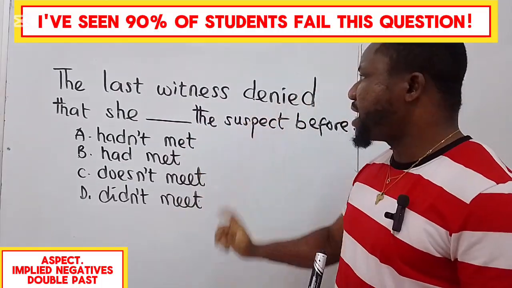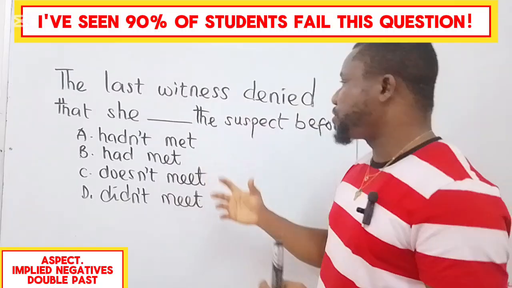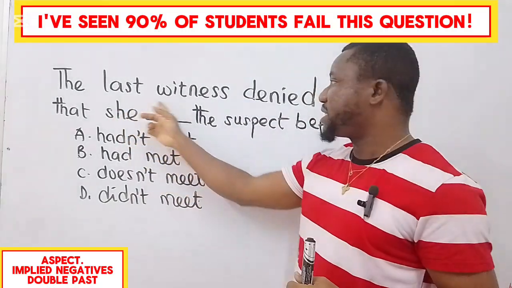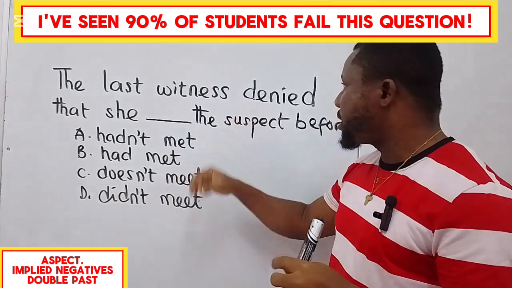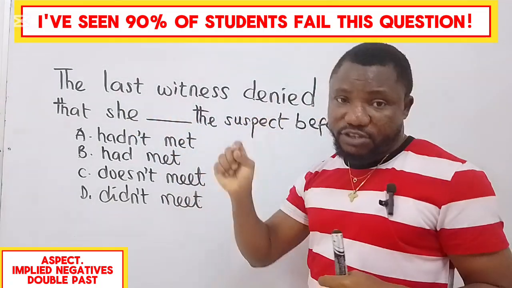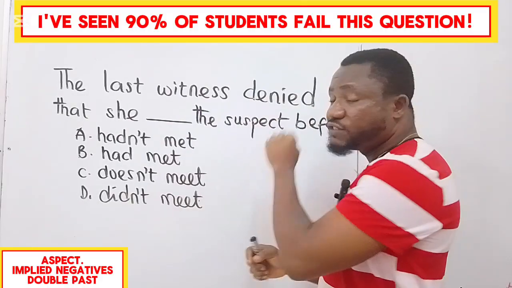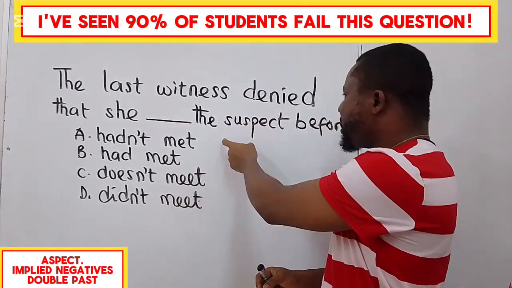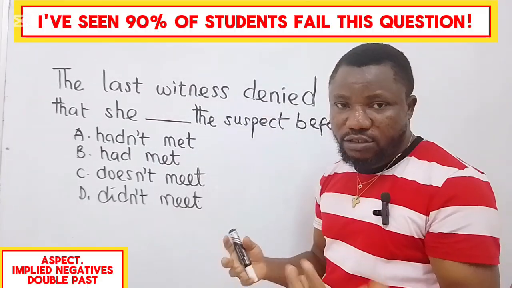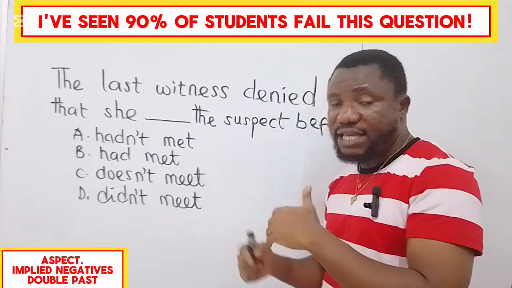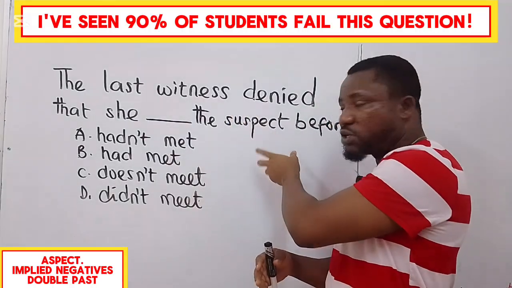There's a witness, a woman or a lady, denying something. The act of denial is one, and the second is meeting a suspect. Somebody denying something, and then the second is meeting someone.